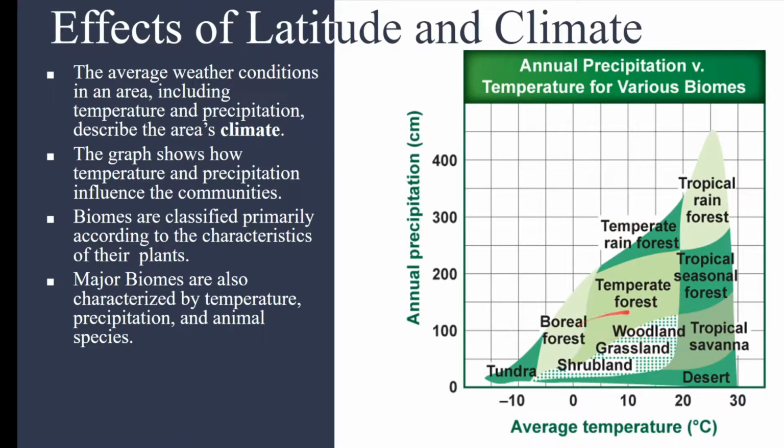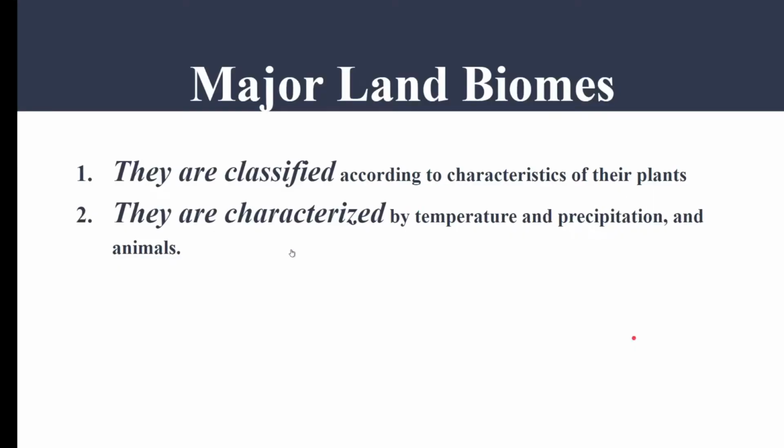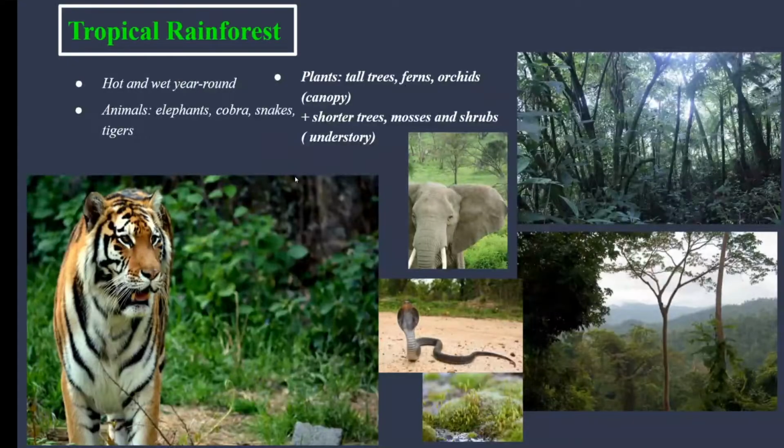And that is one way to distribute biomes over a graph. Two things we already mentioned that you should note: classified according to characteristics of plants, and classified by climate, which is temperature and precipitation. Animals, if it's a major biome.